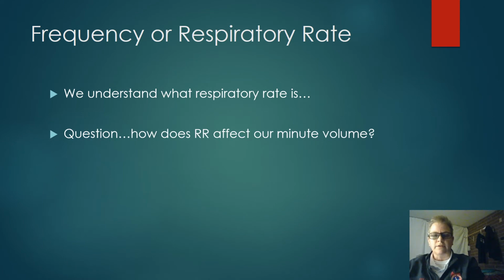We pretty much just answered how our respiratory rate affects our minute volume. And then we just looked at minute volume and kind of filled in the blanks with the tidal volume and our respiratory rate. I want you to think about this though. With our patients in serious DKA that have been sick for so long and we need to intubate them, or aspirin overdoses, that high metabolic acidosis that we're going to see with those patients, respiratorily they're trying to compensate, right?